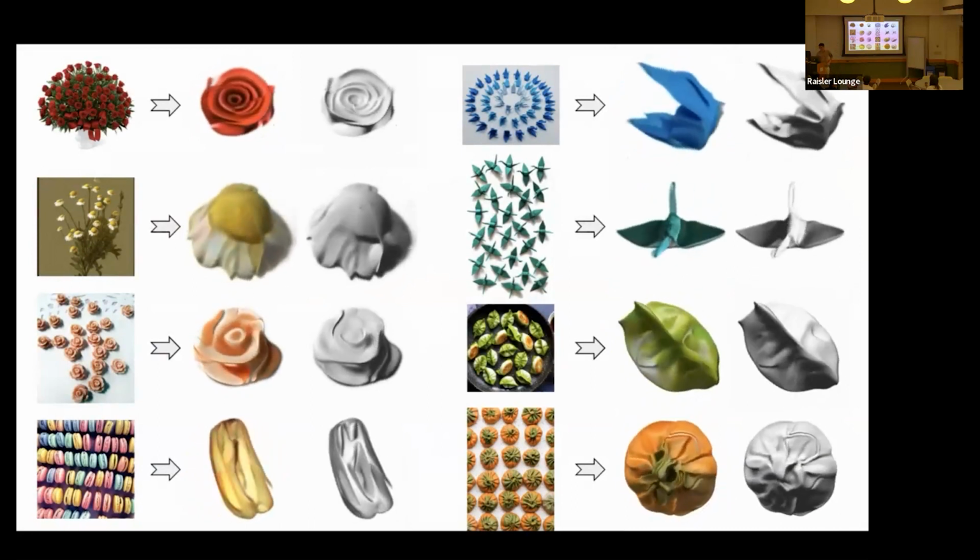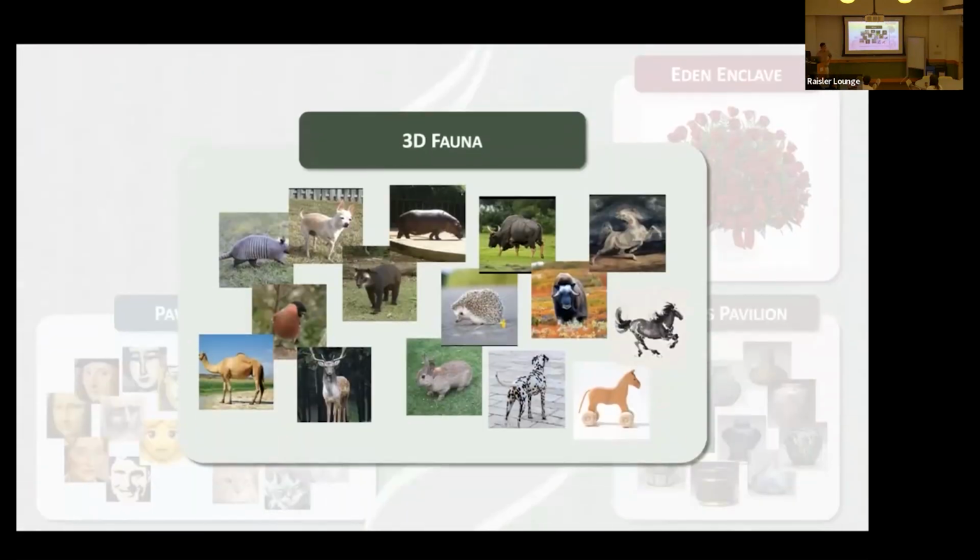Okay, finally we get to the animals. And I think it's more interesting in this space because all these animals are dynamic. They walk around and move around in the world. And it's really hard to capture simultaneous multi-views of these objects in the wild.